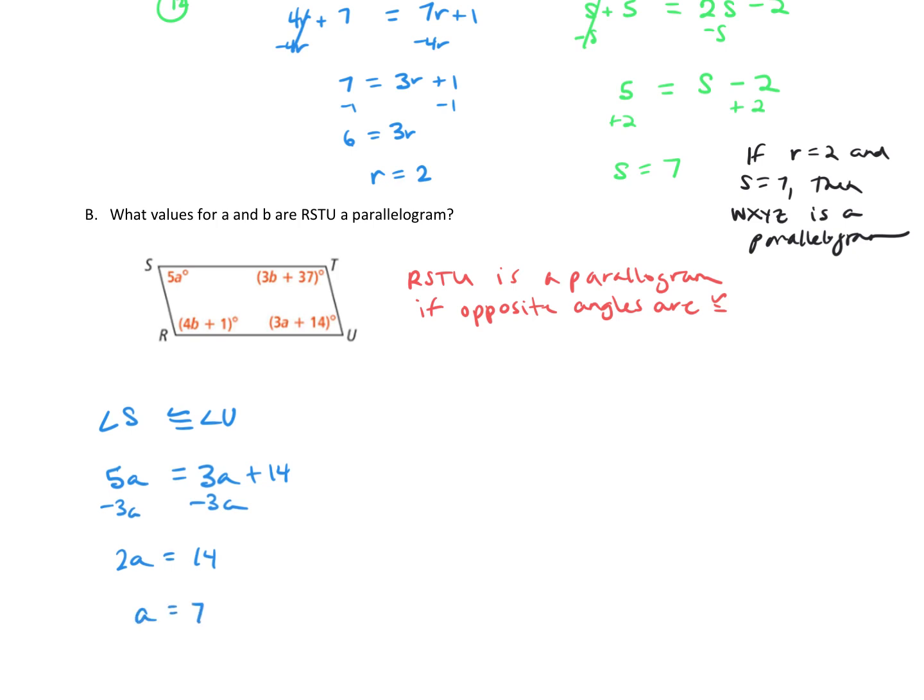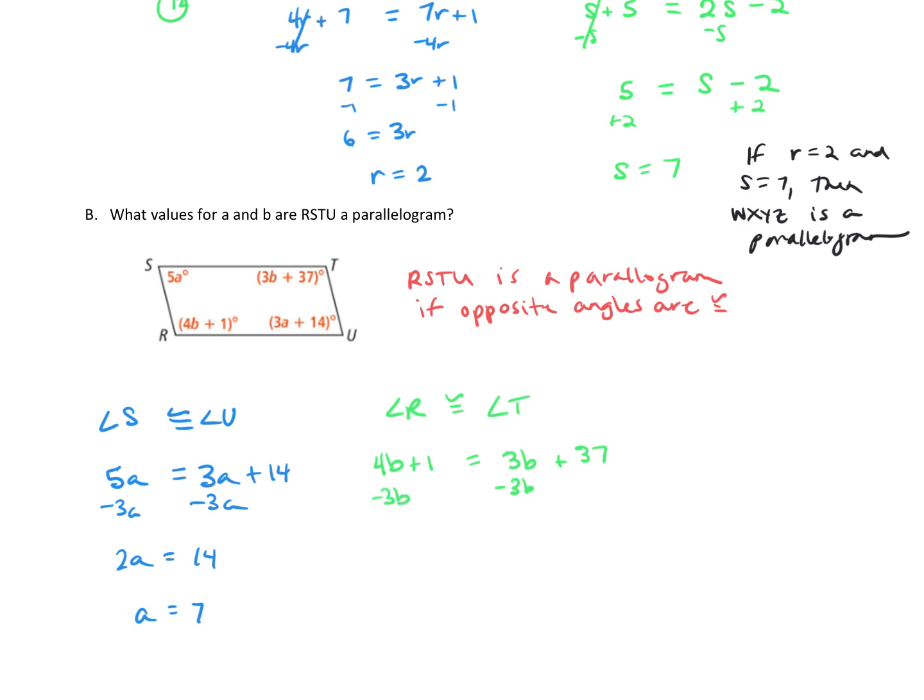The other pair of opposite angles that we have is angle R. R would be congruent to angle T. Angle R is 4B plus 1. Let's set that equal to its opposite angle T, which is 3B plus 37. And let's solve for B. Get your B's on the same side first.